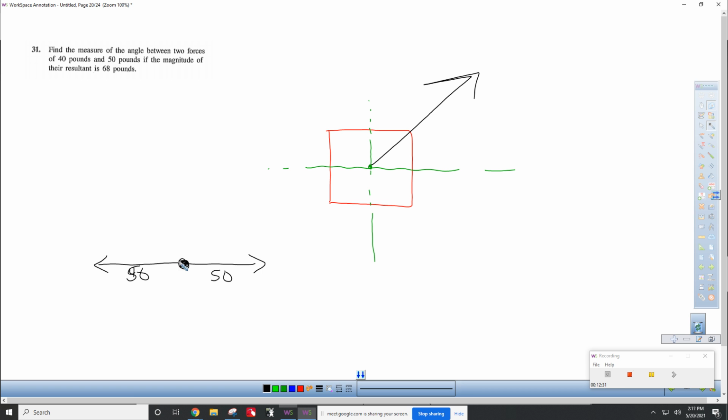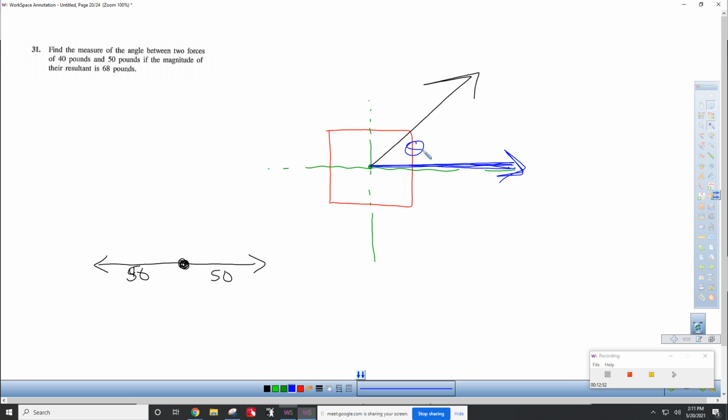So that means at least some of these are going in the same direction. This is the angle between them, and that's what we're trying to find.